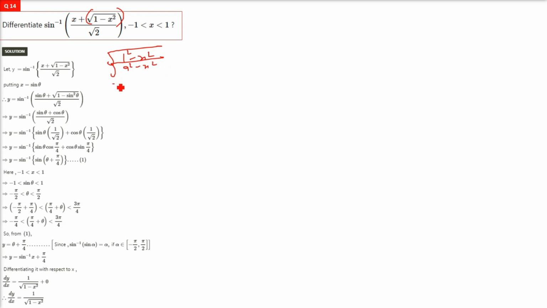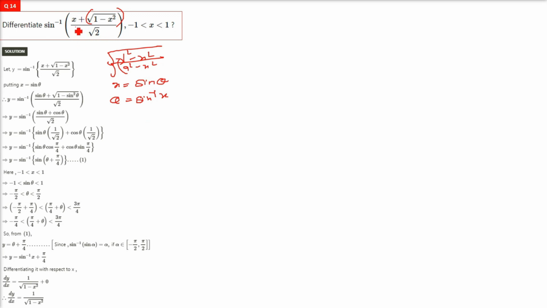So just put x as a sin theta, where a is 1 here, which is why I am not writing it. So x is sin theta. So theta will be equal to sin inverse x, because ultimately you have to differentiate this, when theta comes out as you cancel sin and sin inverse.